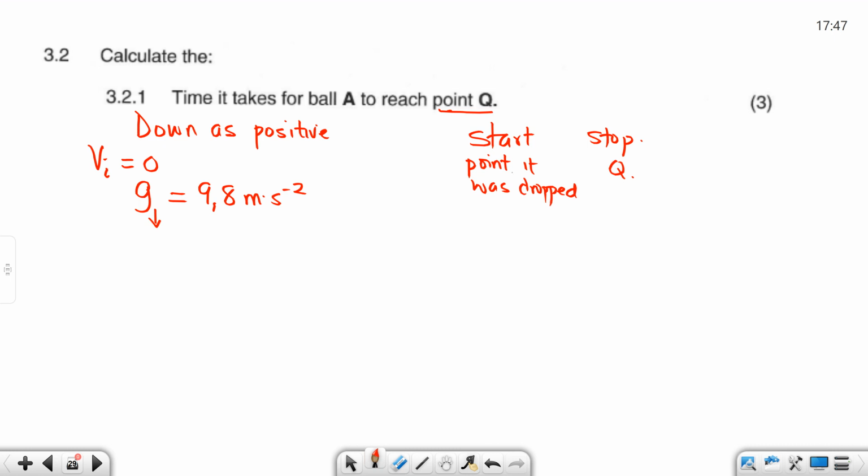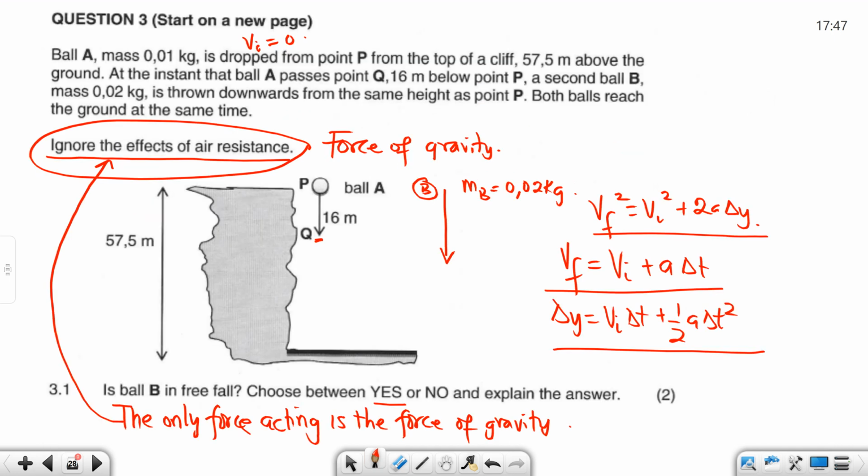All the information that I will take must be from those points. So do we know the velocity at where it was dropped? Yes, 0. What do we know between when it was Q? The displacement. Now, please look at this.